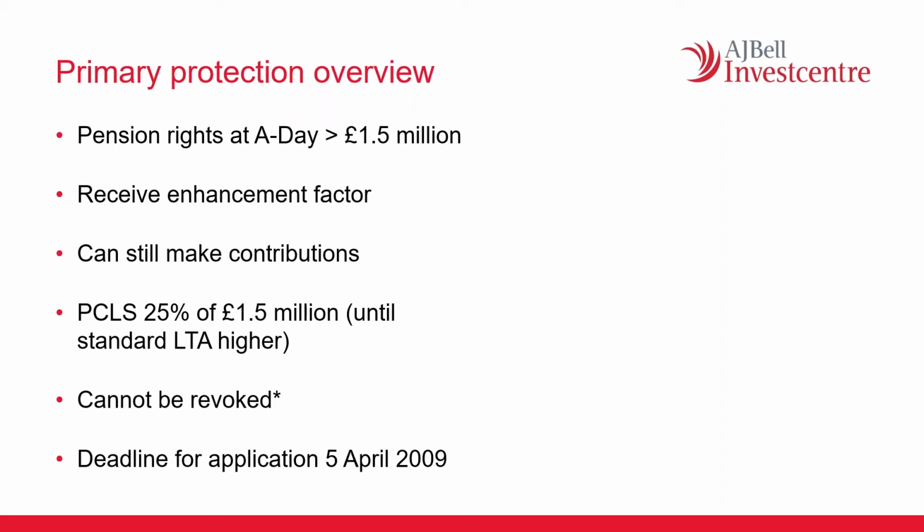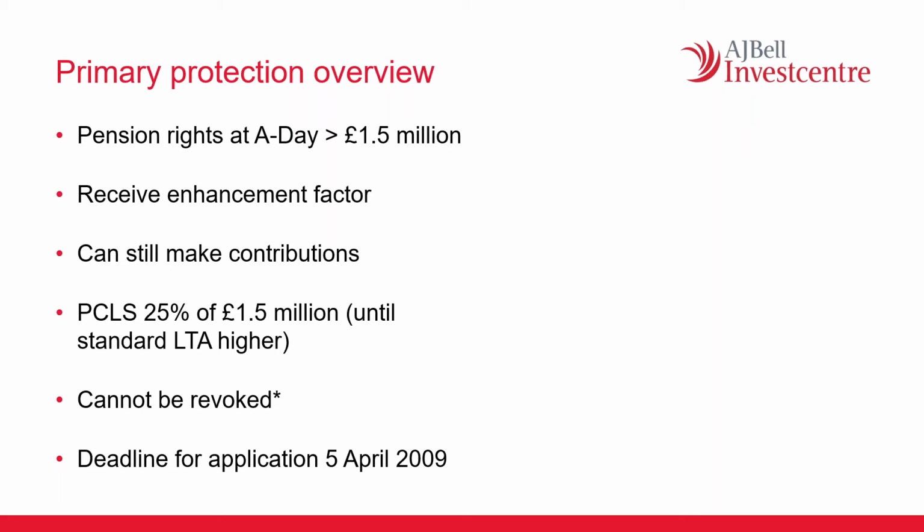You're still allowed to make contributions, which was the good news on primary protection. But if you're making substantial contributions, then depending on how well your fund grows, it might take you above your protected level for your personal lifetime allowance. But you do still have that ability.